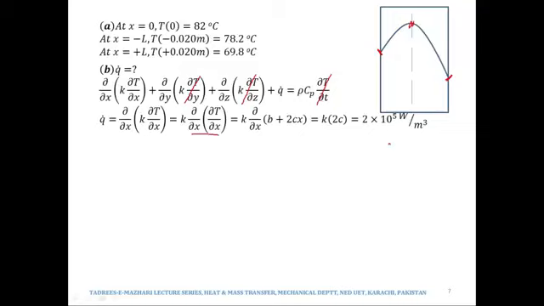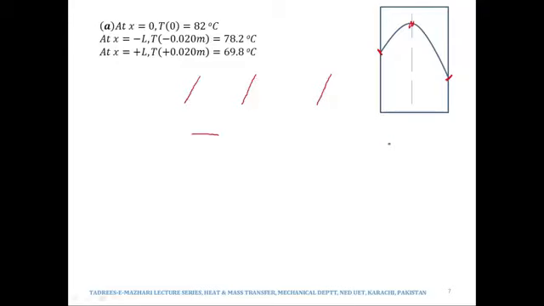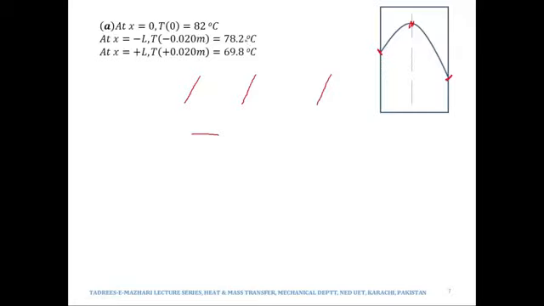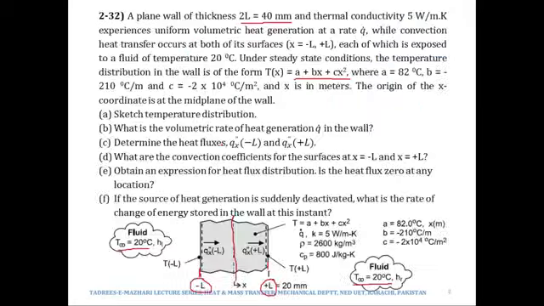Then the third part asks us to find out the heat fluxes at the two faces, means what is the heat transfer per unit area over here and what is the heat transfer per unit area over here. Now as seen, this face is at a temperature of 78, this face is at 69, and the face which is at 78 is facing a fluid which is at 20.